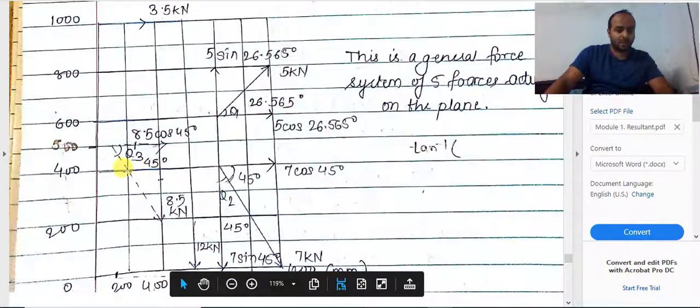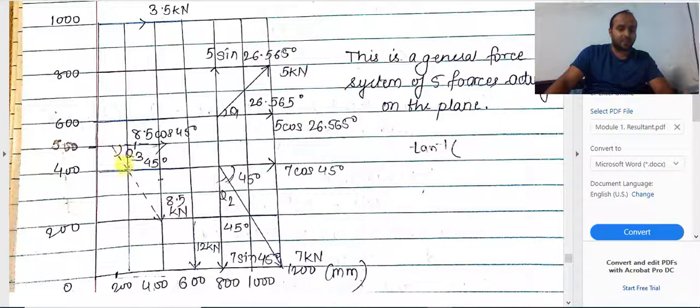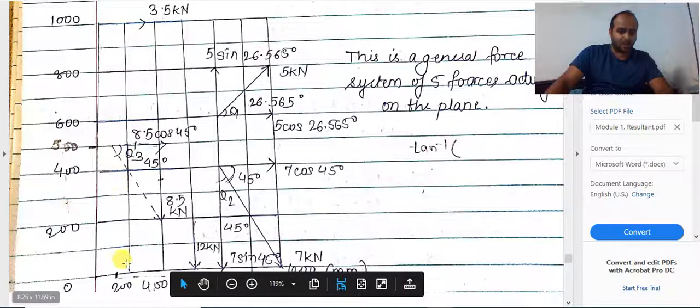I hope it is understandable for everyone. Second point, 8.5 sine 45, since it acts vertically downwards like this, the perpendicular distance is 200 over here. Again, it will be causing the body to rotate in clockwise sense. That is why plus 8.5 sine 45 into 200.